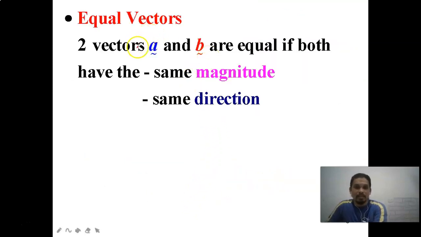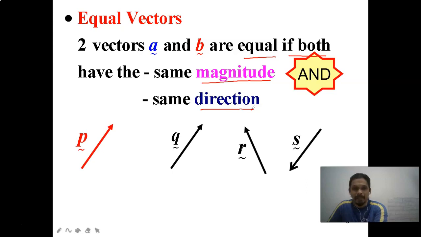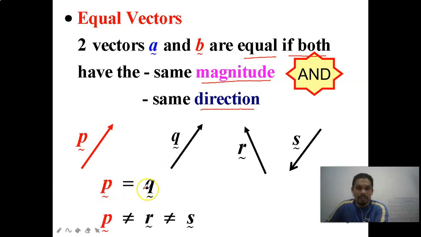Okay, equal vectors. Look at this one here now. Two vectors A and B are equal if both have the same magnitude and the same direction. So we need to consider two things here. First, the magnitude and the direction. Okay, P and Q, look at that, from one point to another point. It looks the same, and also the direction is equal here.